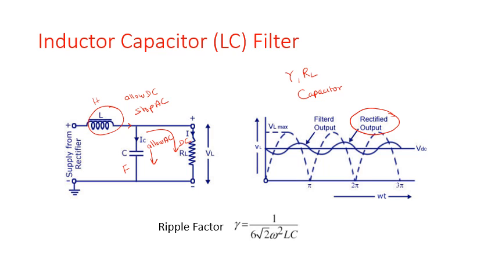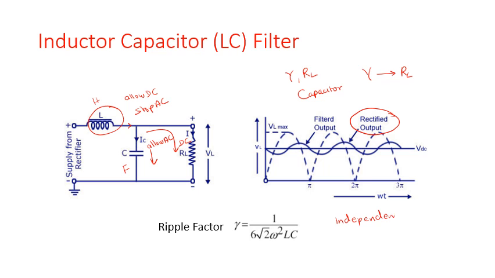Now, why are we using LC filters? If you remember the formula for gamma in a capacitor filter, this gamma depended on the value of the load, that is RL. So if RL changed, the ripple factor changed. But my ripple factor should be independent of the load.